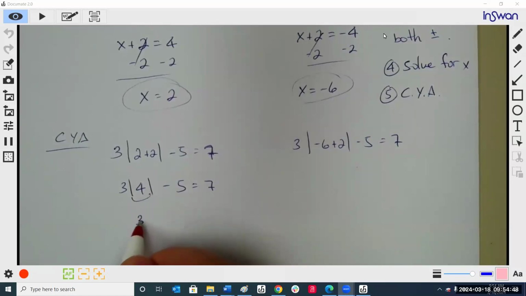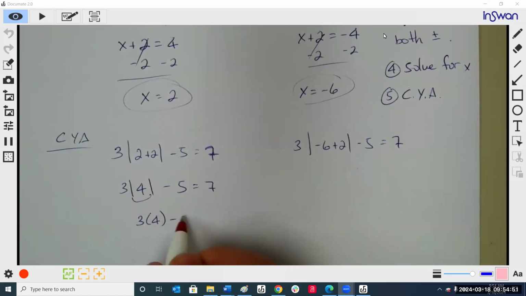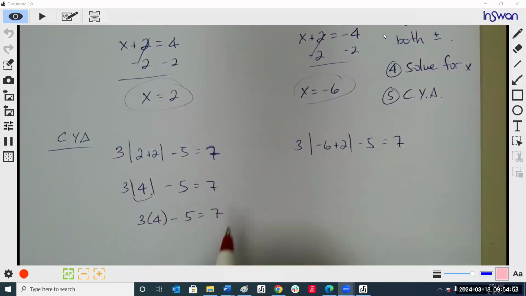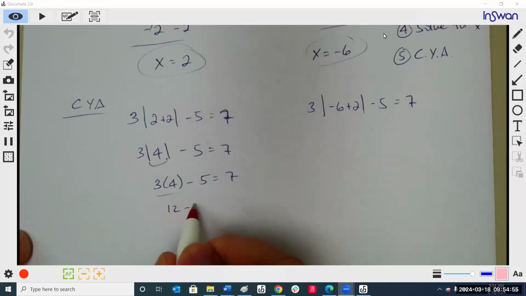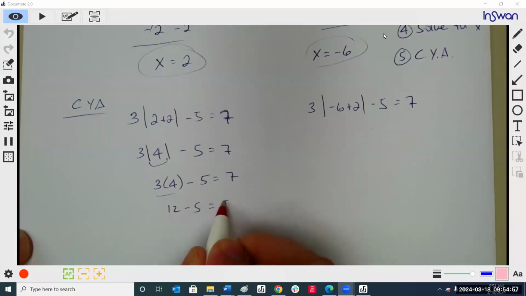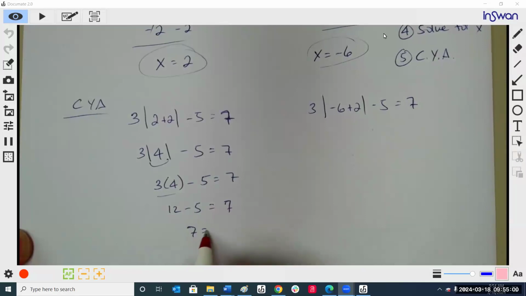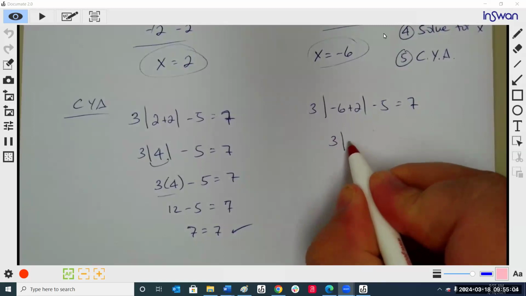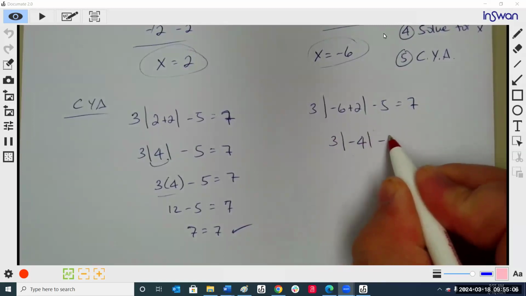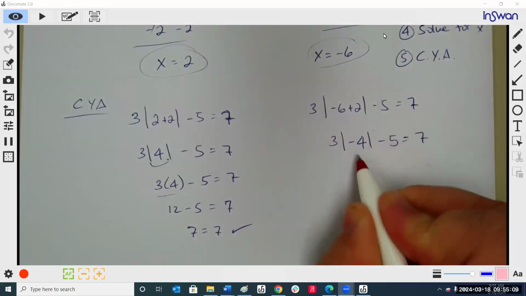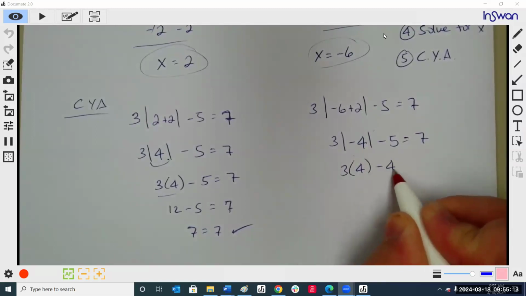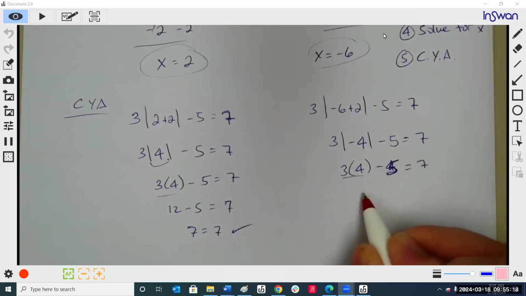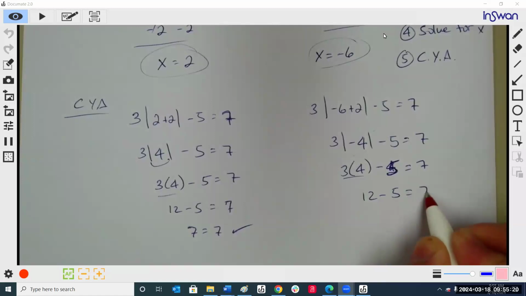Absolute value of 4 is 4. 3 times 4 is 12. Minus 5 is 7. -4. Absolute value of -4 is 4. 3 times 4 is 12. Minus 5 is 7.